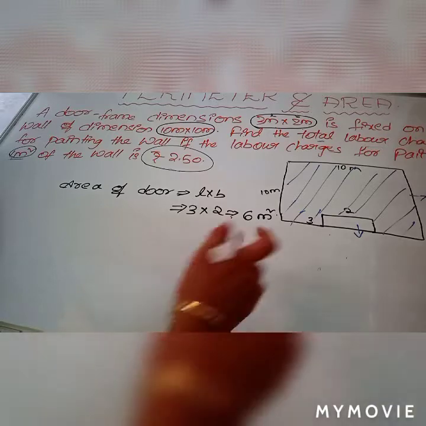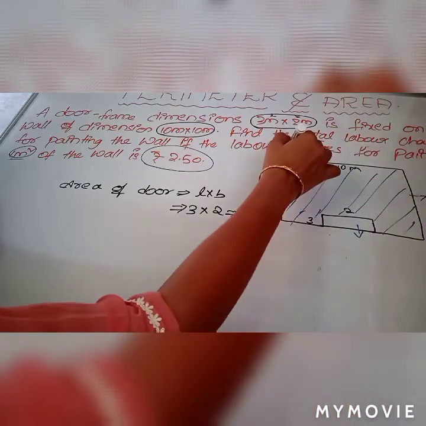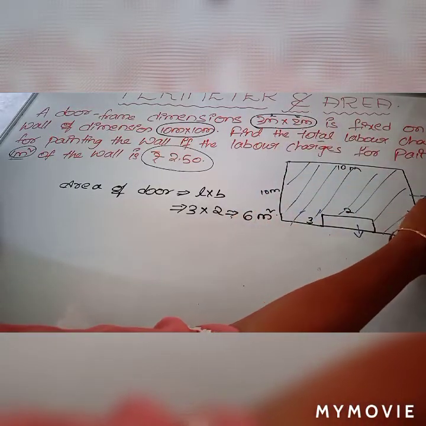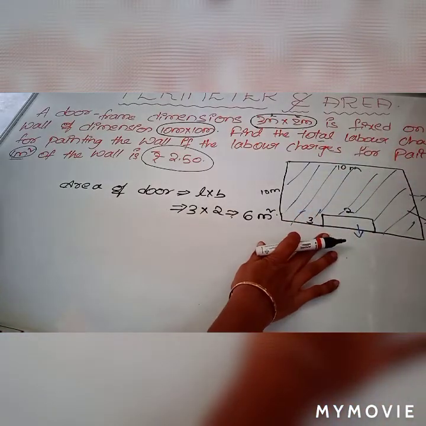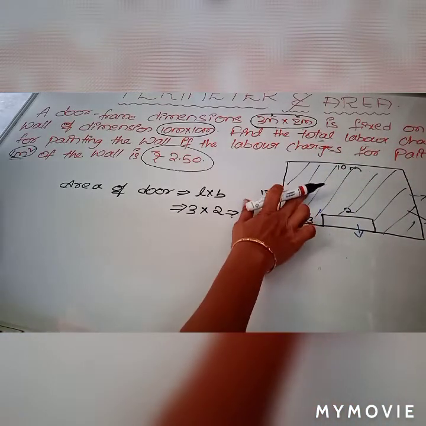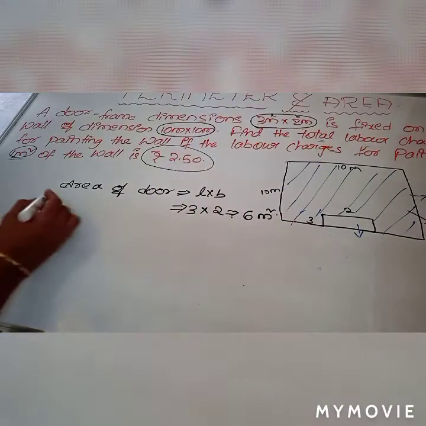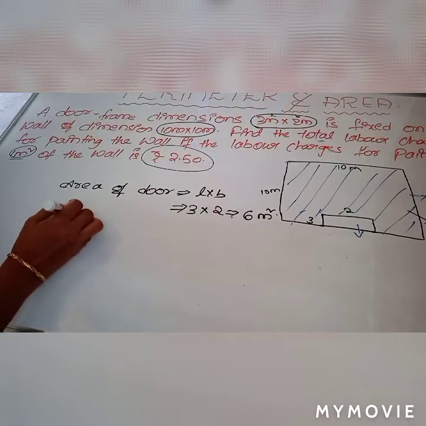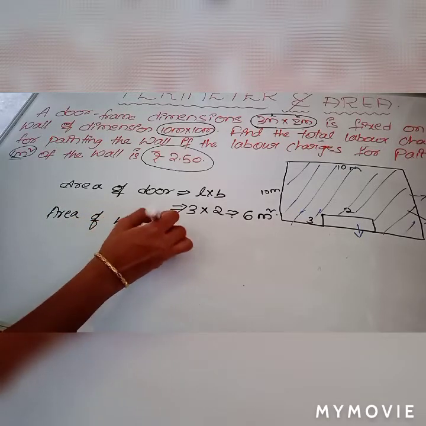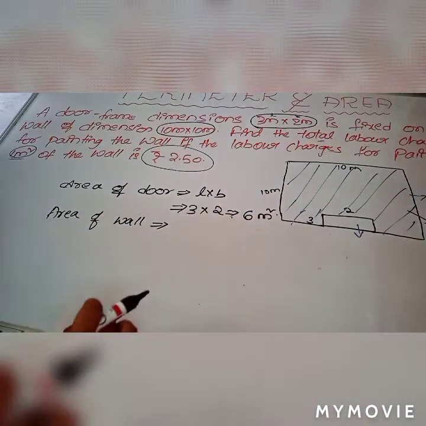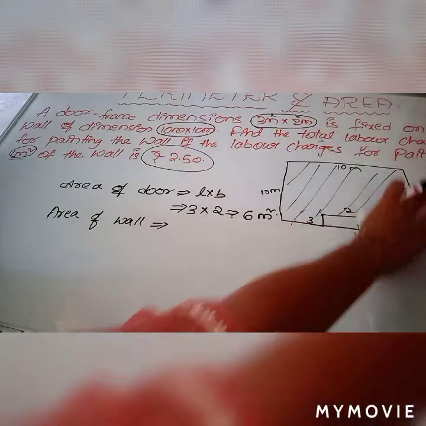Next step, we need to find the area of this wall including the door. Now see here, area of the wall. As I said, this wall is in the shape of a square.